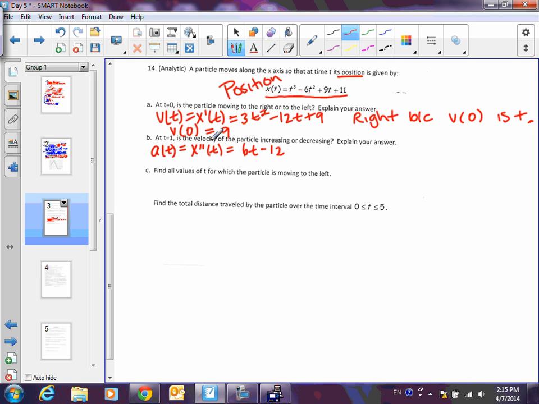And if I'm asking is the velocity of the particle increasing or decreasing, I just need to plug in 1. Notice that they changed the value, so I need to do a of 1, which would be 6 minus 12, which is negative 6. So what's the answer? Decreasing.